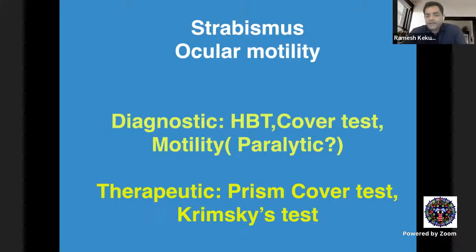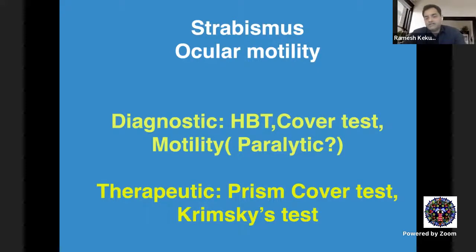In terms of therapeutic tests, you need to know what is happening. Like you have given a therapy for some patient, ocular myasthenia, for example. The patient has hypertropia. It was 15 to begin with. You need to measure it. Next time when he comes, okay, it has come down to 7. That's good, the patient is recovering.